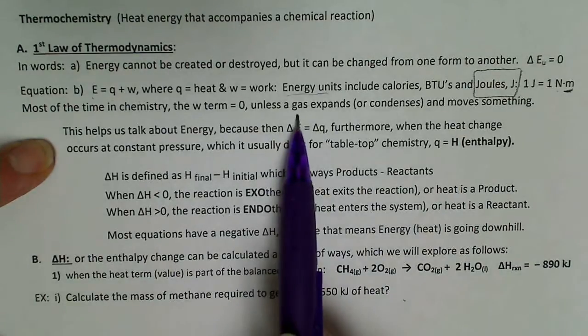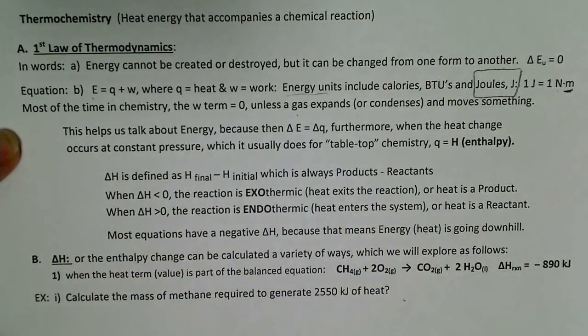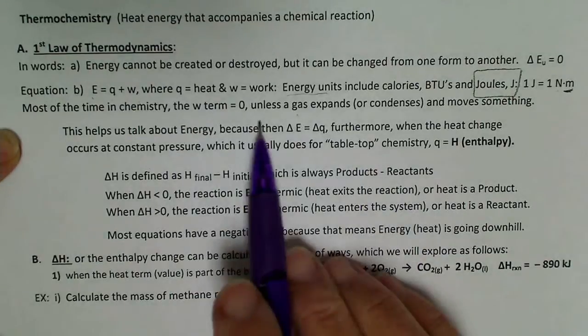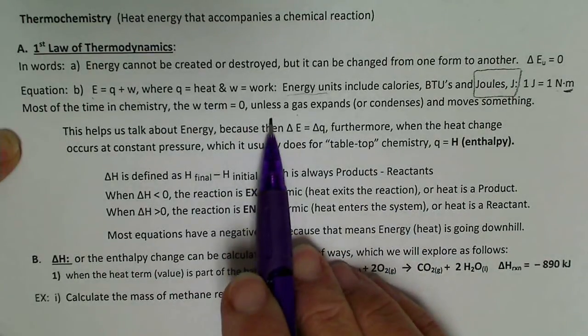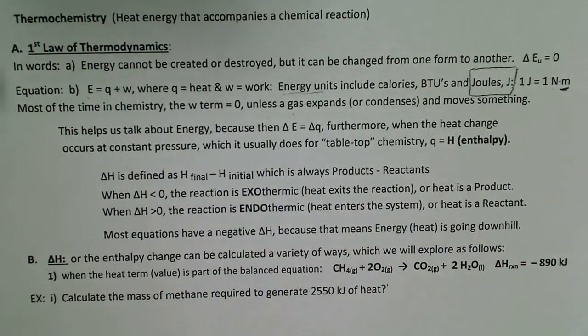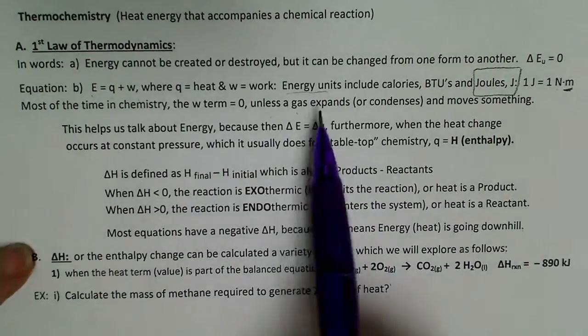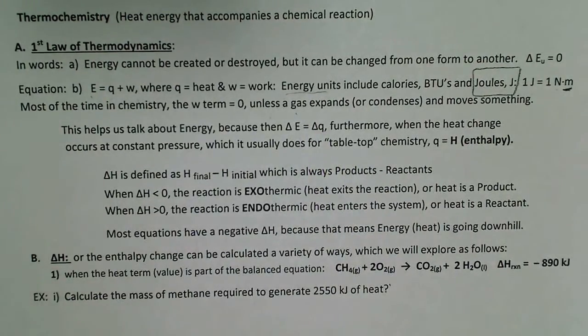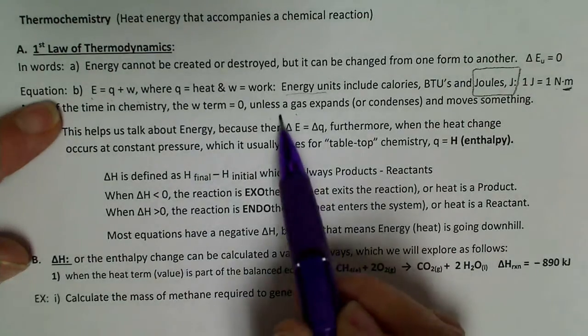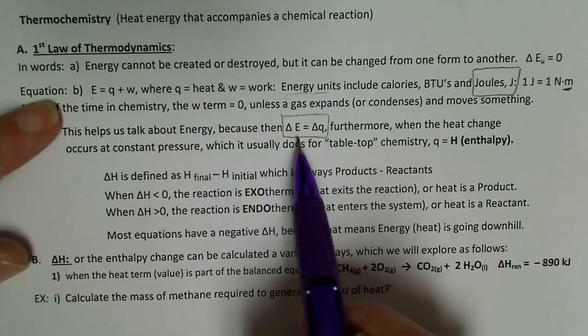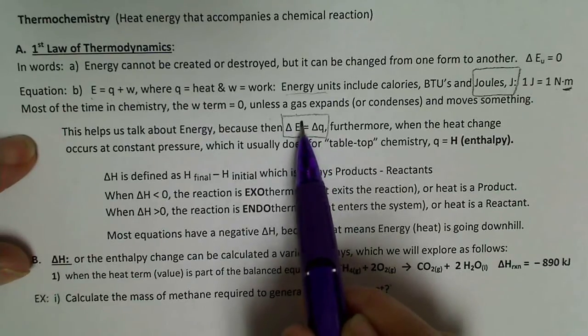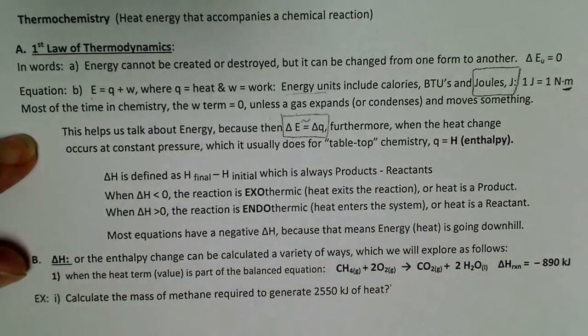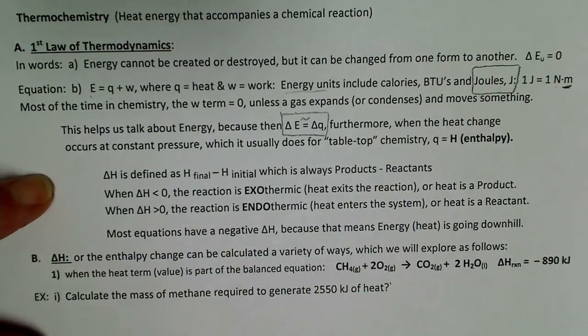So if we have a gas that's expanding in a cylinder, for example, and causing a piston to move up and down, then we would have a work term. But if we're just doing tabletop chemistry, where reactions are occurring and there is no gas that's expanding, then we're going to simplify the first law of thermodynamics into the energy is approximately the same as the heat.